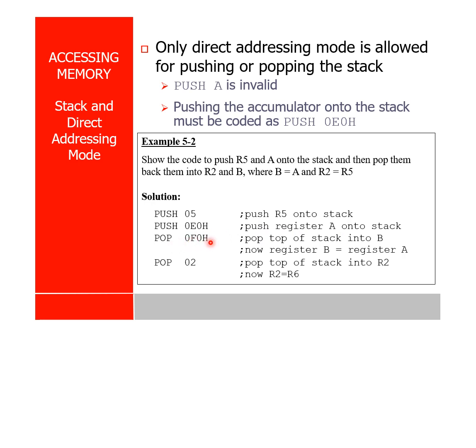POP 0F0 means take the top of the stack into the B register. This means take the top of the stack into R2. Go through the previous material to get a better idea; here I am just reviewing. The important point is that you can use only direct addressing for push and pop.